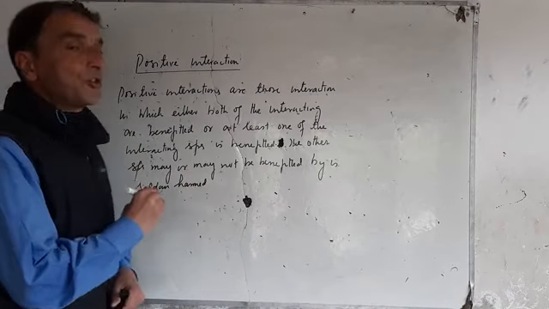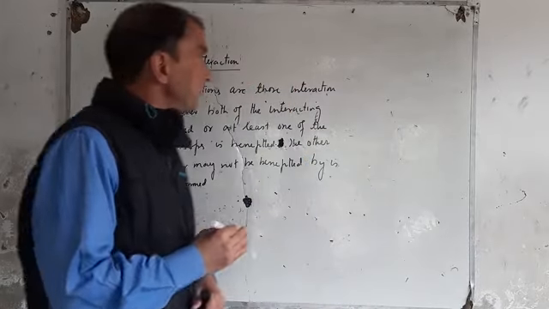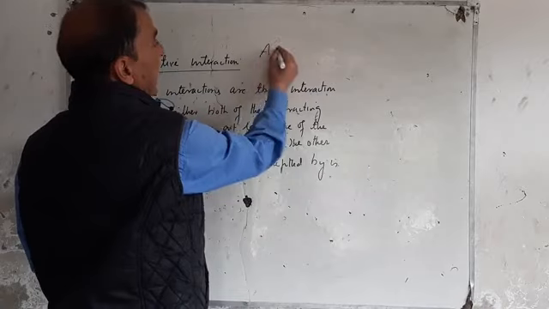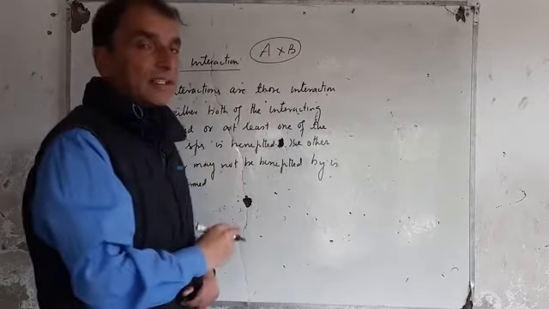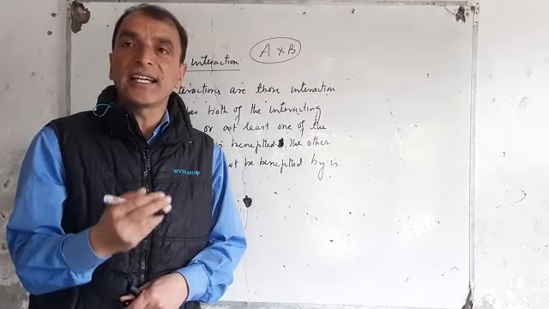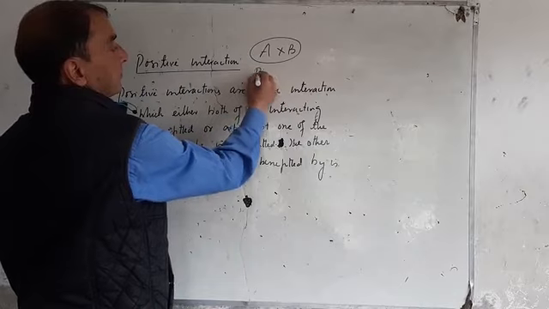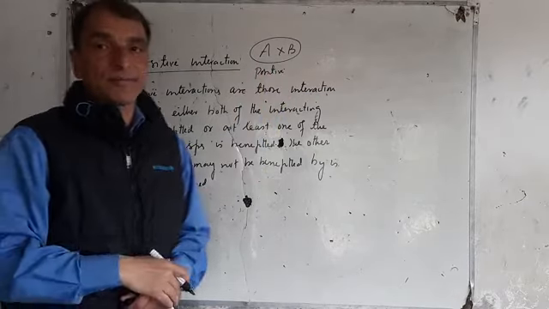These are positive interactions. If I repeat what positive interactions are, suppose there are two species, A and B. These interact with each other, and their interaction is positive. There are two possibilities.